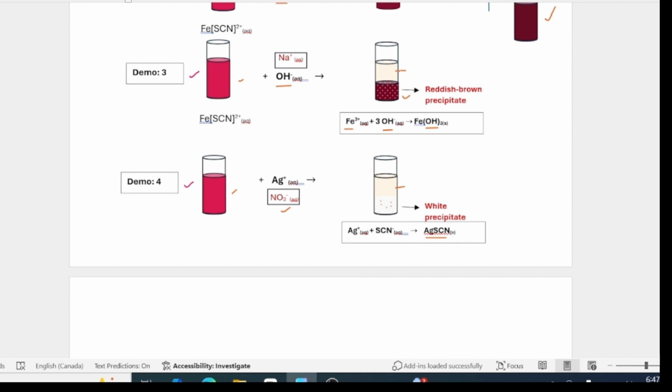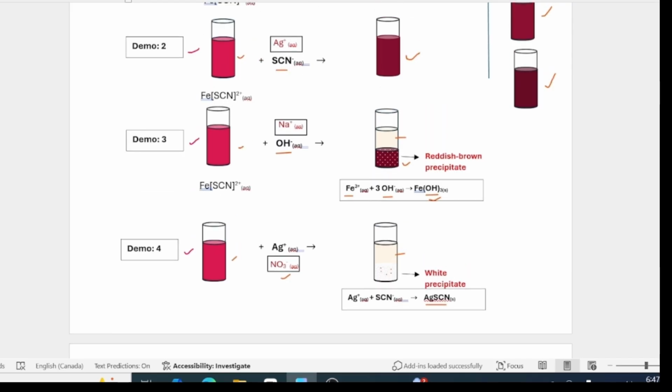The reddish-brown precipitate that was formed was really iron 3 hydroxide, and this equation shows how iron 3 hydroxide is formed between iron 3 ions and hydroxide ions.